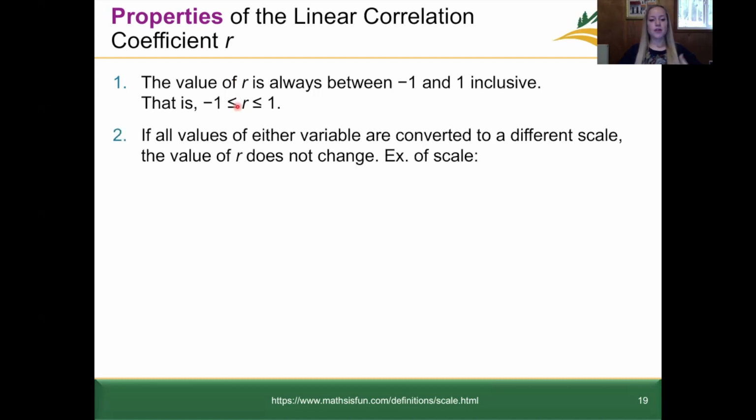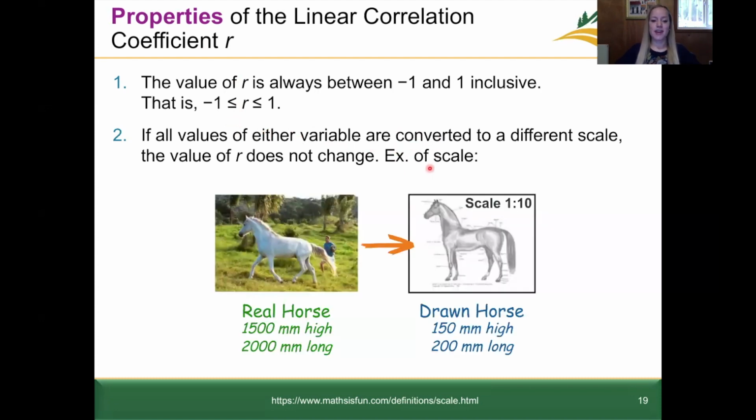Property number two: if all values of either variable are converted to a different scale, the value of R does not change. One example of what's meant by scale here can be seen by looking at a real horse and then a horse drawing. Now, a real horse might have these dimensions of how tall they are and how long they are. But when we're drawing a horse, we wouldn't be able to draw this scale unless we were doing a mural, for example.